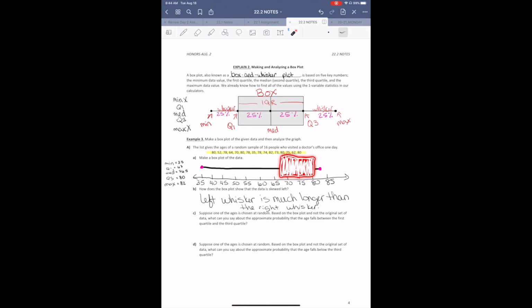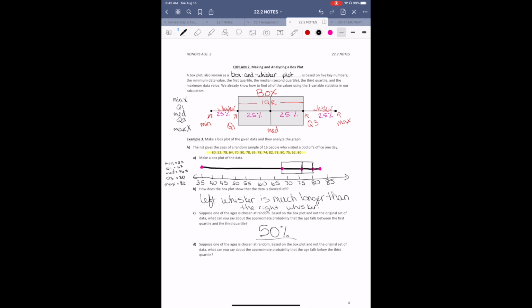Again, keep in mind what I just told you guys. We have even distribution when it comes to box and whisker plots. That means that 25% falls here, 25% falls here, 25% falls here, and 25% falls here, meaning that inside of our box we have a total of 50% of our data. That didn't even require any work on our part.